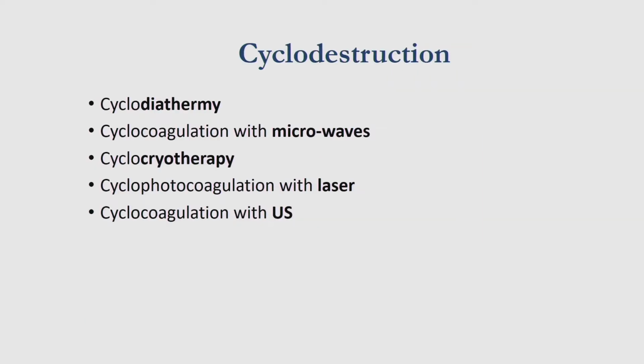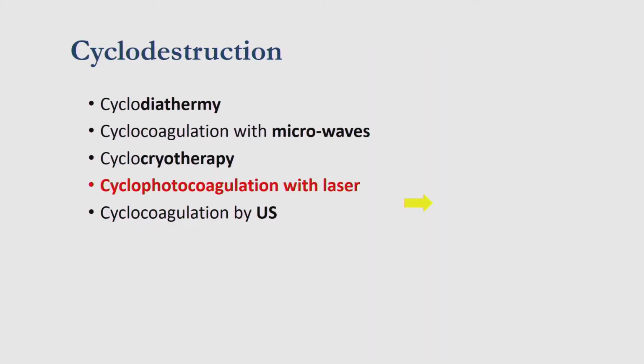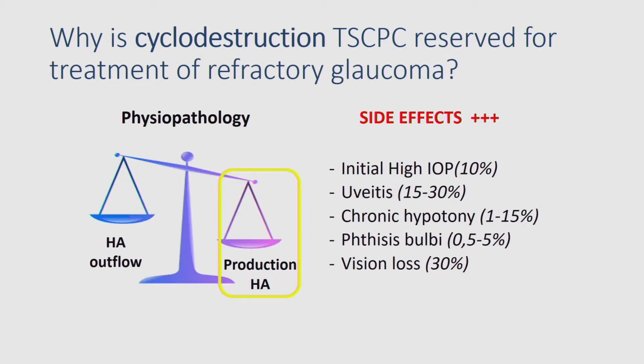We have many methods of cyclodestruction. Among them, transscleral cyclophotocoagulation with the continuous wave DIODE laser seems to be effective, but due to severe side effects like uveitis, phthisis bulbi and vision loss, this method is reserved for refractory glaucoma.